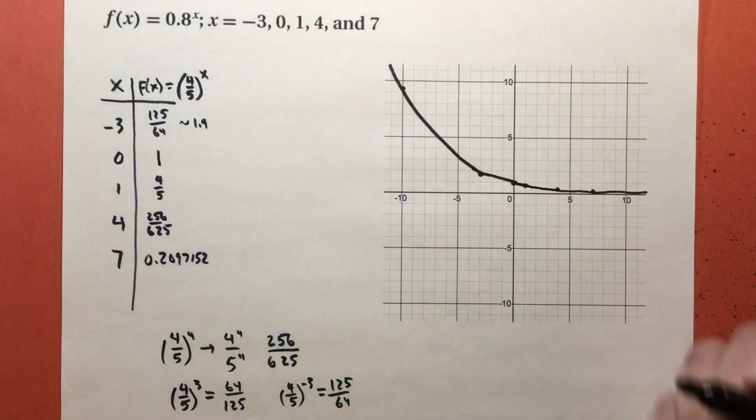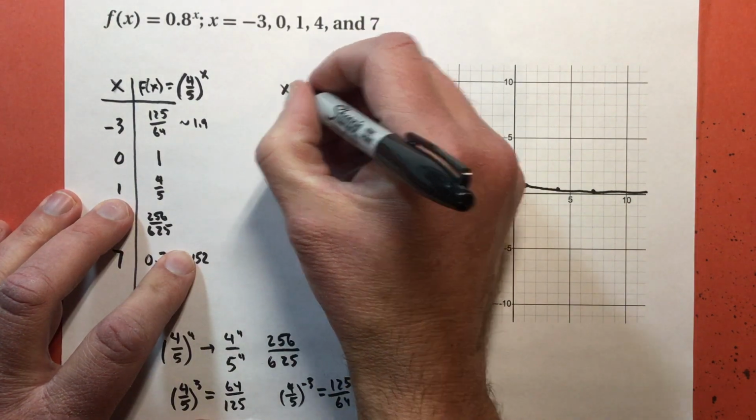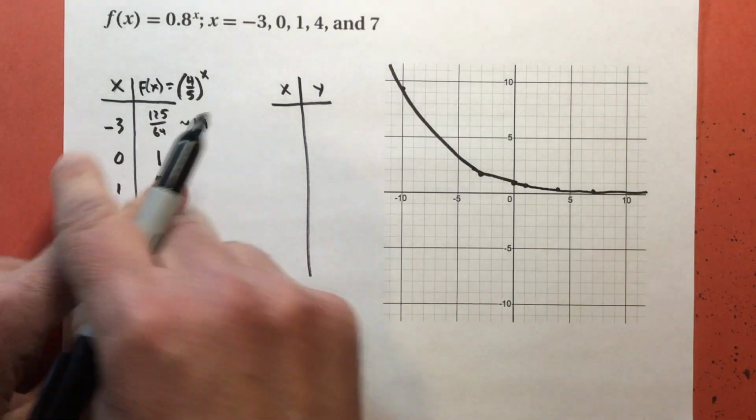And of course, I'm using a big, thick marker, so it gives me a little bit of a chance to not be perfect. Now I'm going to do the inverse. So here's my x's, here's my y's for my inverse. I'm just going to switch these two.